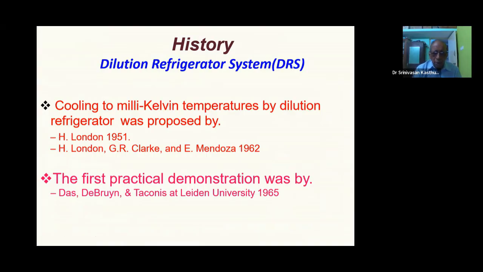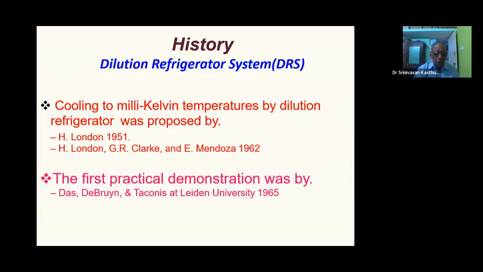Now we'll look at the dilution refrigerator, and let us look at its initial historical status. The history says that cooling to millikelvin temperature by a dilution refrigerator was proposed by London in 1951. Later it was again supported by the theoretical works of London, Clark, and Mendoza in 1962.